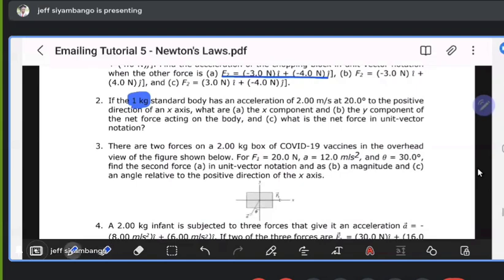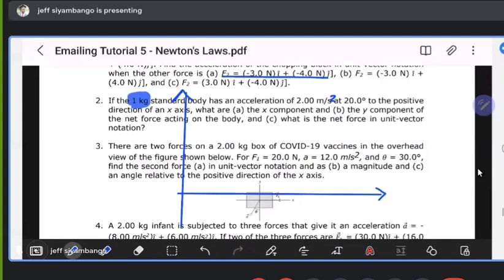So let's look at it. If the positive x direction is something like this, so that the positive y is something like this, then this body has an acceleration of 2 meters per second. I'm guessing this is 2 meters per second squared, because we know those are the units for acceleration.